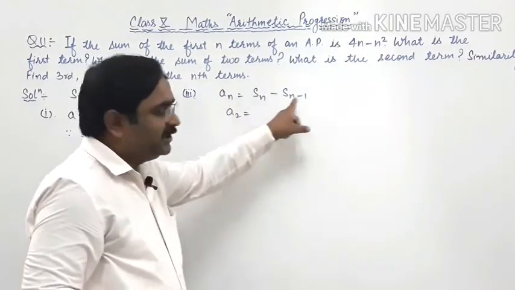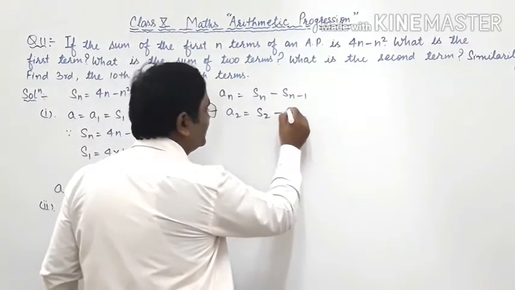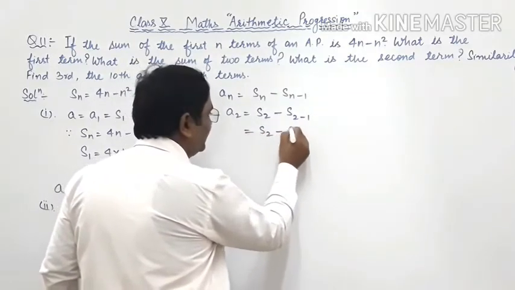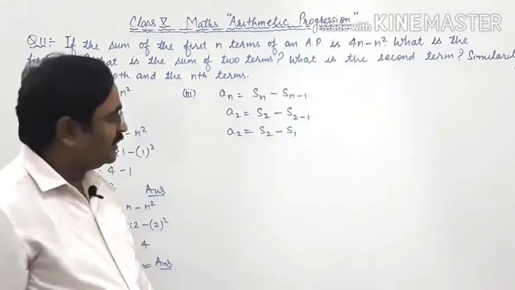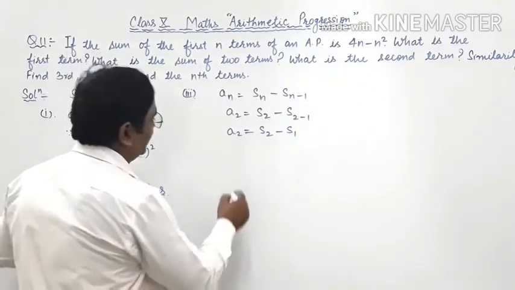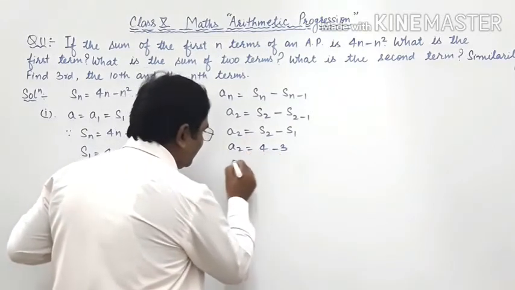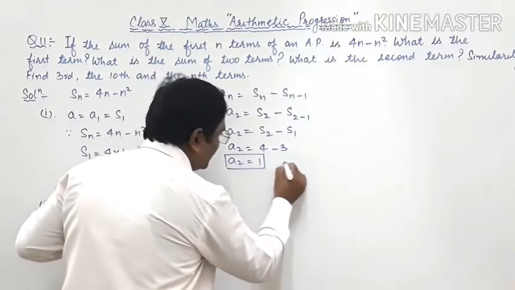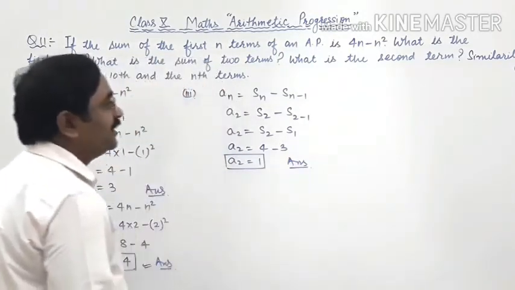Substitute n equal to 2 in this formula. So A2 is equal to S2 minus S1, which gives you the value of A2. So S2 you have 4 and S1 you have 3. Therefore, A2 is equal to 4 minus 3, which is equal to 1, the second term, is the answer of this third part, right?